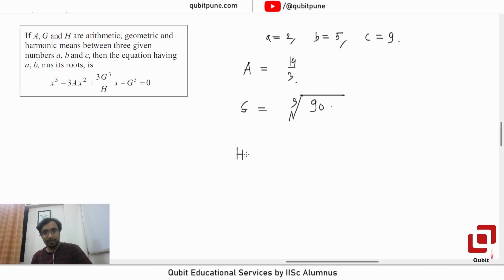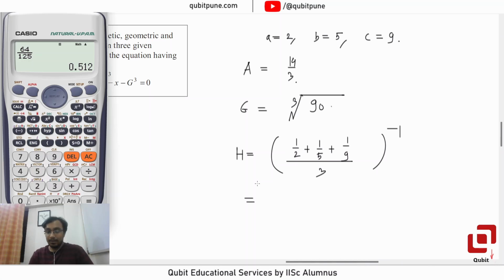And what will be the harmonic mean? The harmonic mean will be (1 upon 2 plus 1 upon 5 plus 1 upon 9) by 3, raised to negative 1. Let's find it. 0.5 plus 0.2 plus 1 upon 9. We have to divide this by 3 and raise it to negative 1. 270 upon 73.